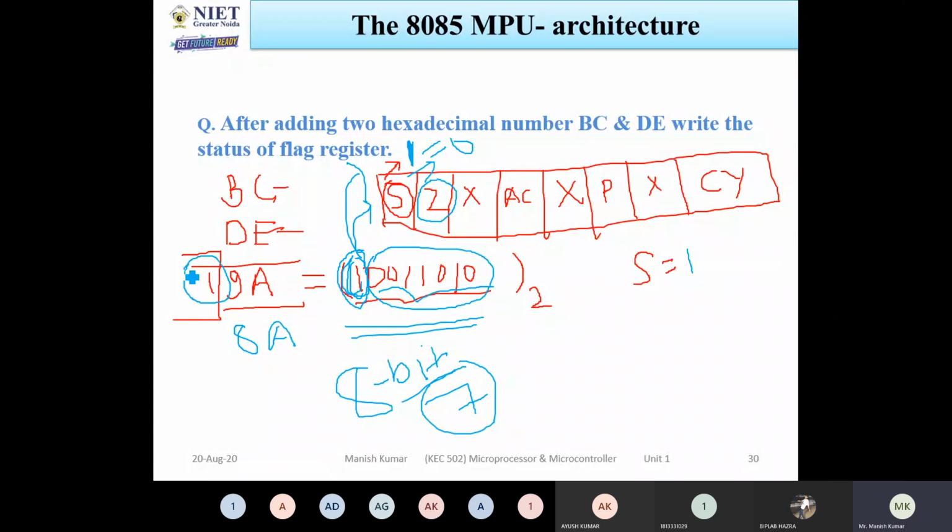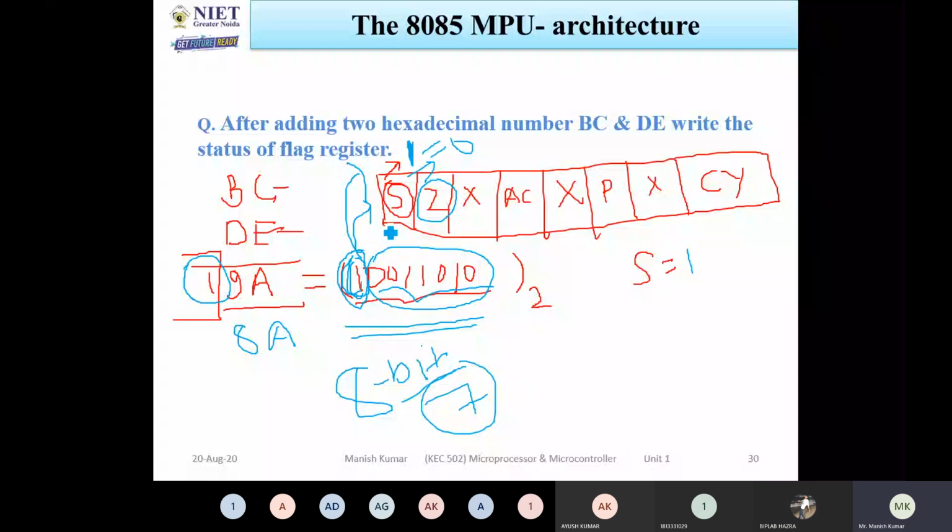Now we will talk about the Z flag, meaning zero flag. What is the definition of zero flag? Zero flag is set when the result is 0. You are getting the result 9A, which is a non-zero quantity.